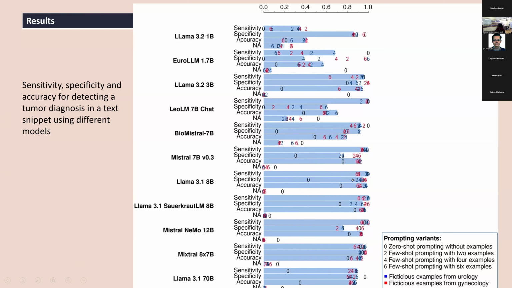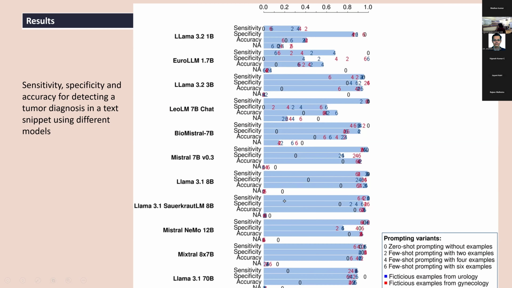And when we look towards the end of the bar, the specificity has actually increased to around 80% with few-shot prompting with 2, 4, and 6. These 2, 4, and 6 are clubbed almost together, which essentially means that adding more examples to the prompting did not give an added benefit.